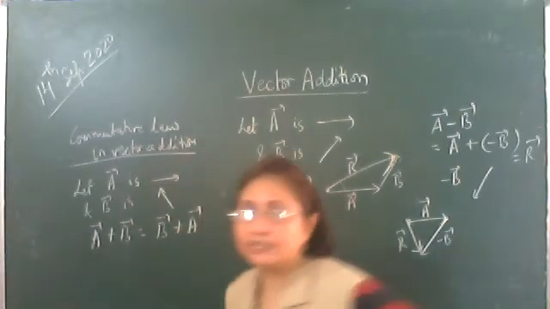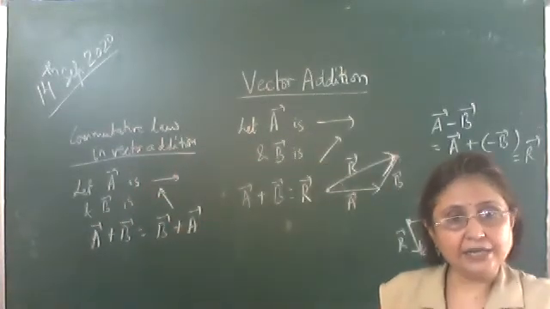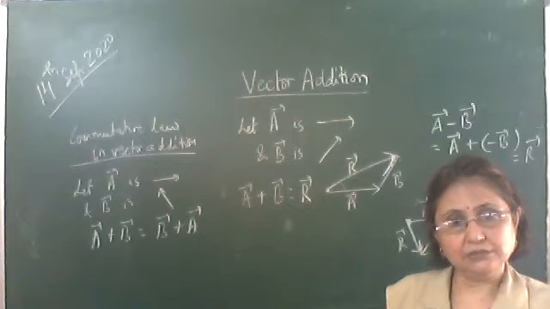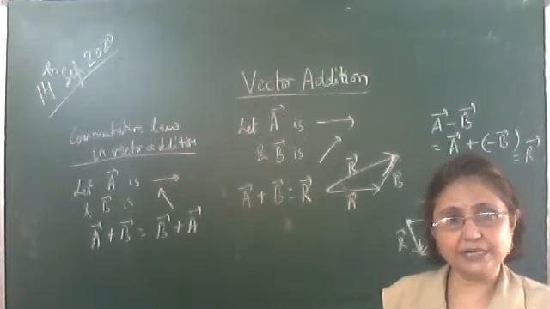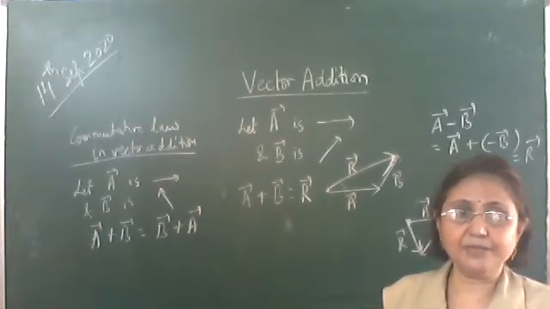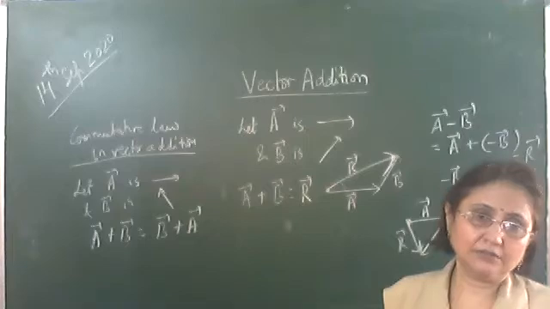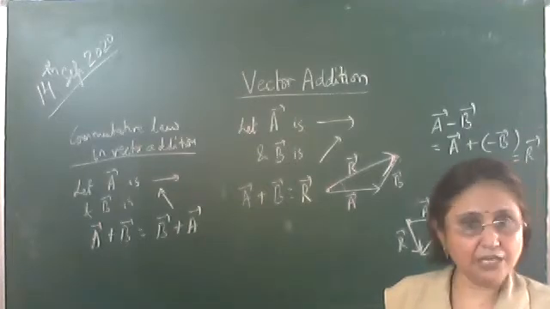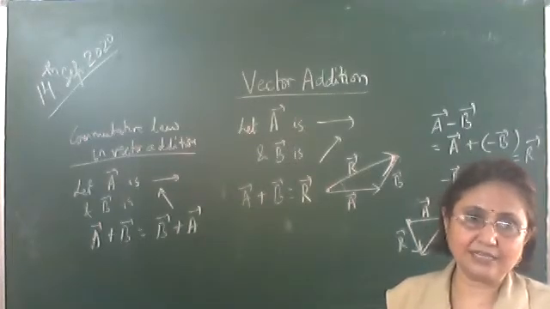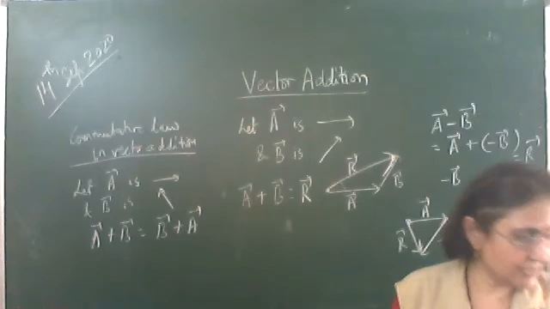This is the commutative law. So we'll add A vector to B, some resultant will get. Then we'll add B vector to A. The resultant should be the same in magnitude as well as in direction. Okay, so let's draw and see.